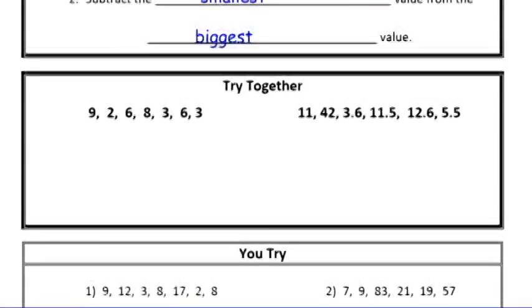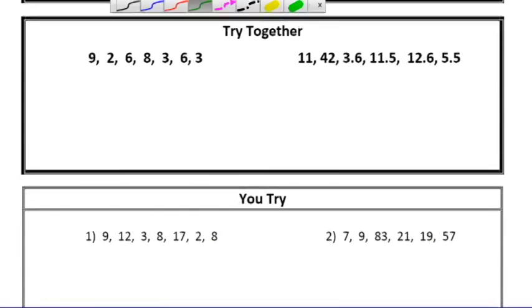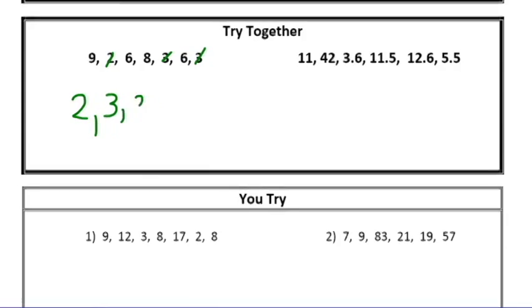2, 3, 3, 6. There's another 6, 8, 9. Again, cross out as you go. I started with 1, 2, 3, 4, 5, 6, 7.